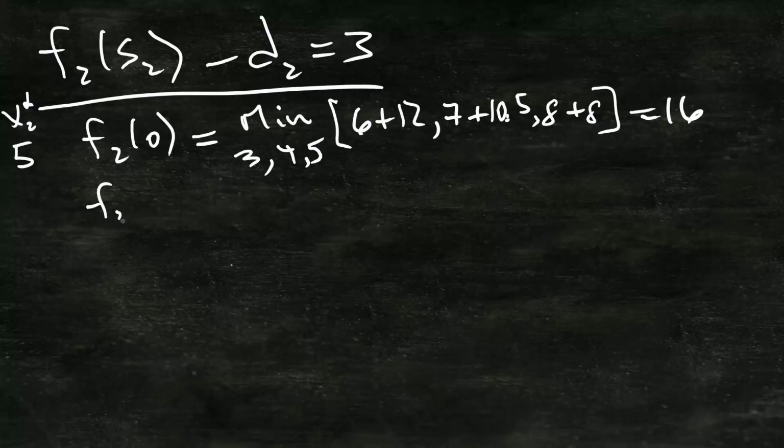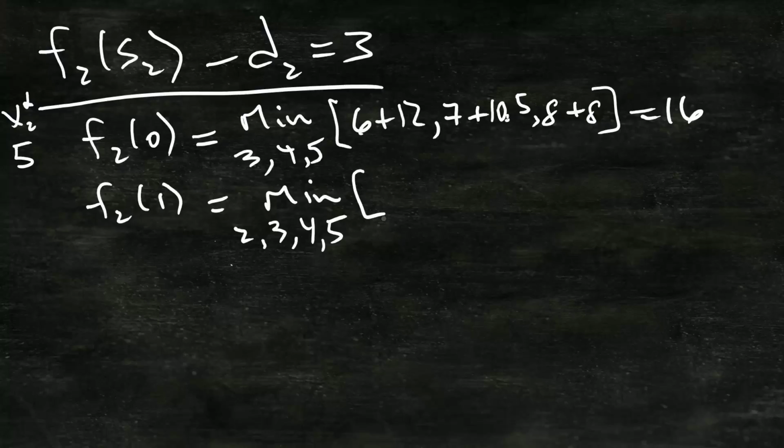Next we go F2 1, and we have to produce at least 2, 3, 4. We could produce 5. In which case, if we produce 2, then it's 3 plus 2 is 5 and a half, 5.5 plus 6.5 plus 7.5 plus 8.5 plus.